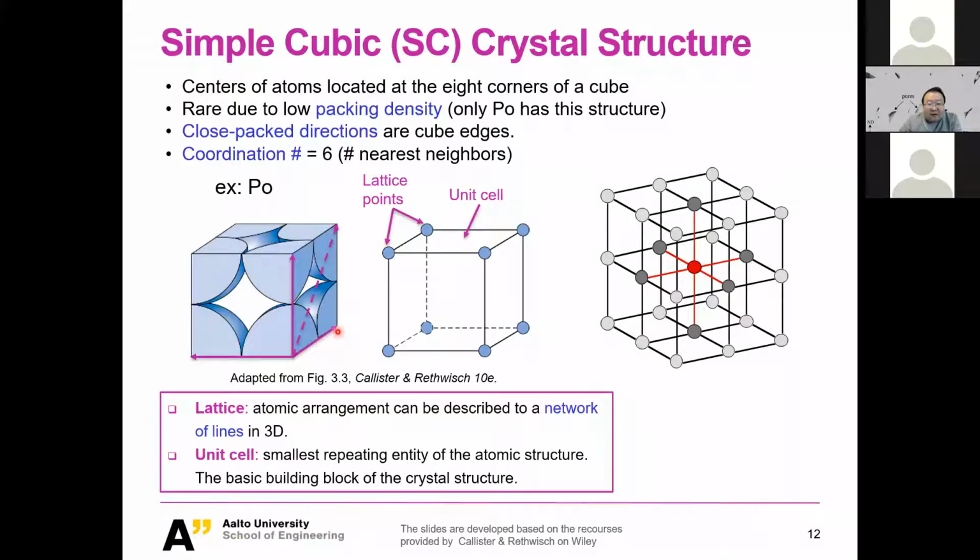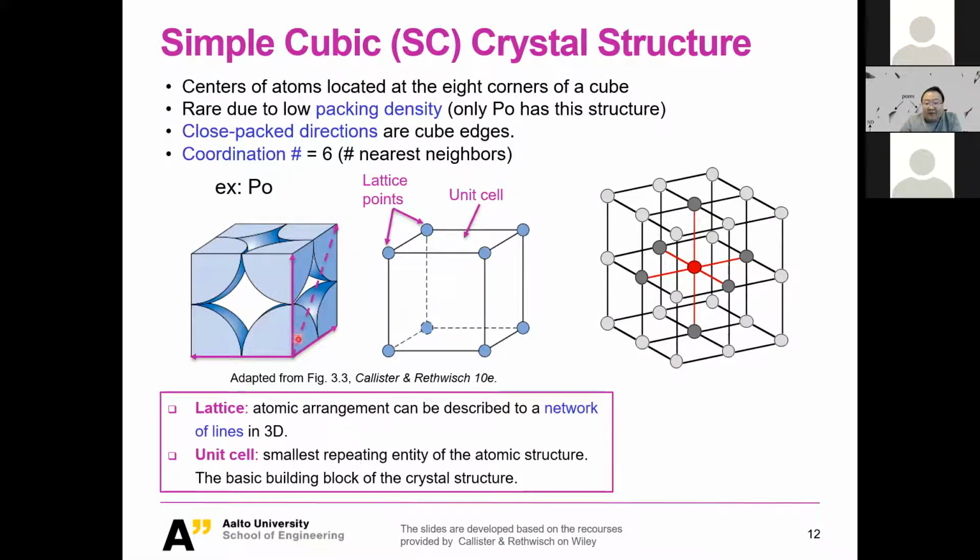The last characteristic about the simple cubic packing is the so-called coordination number. First of all, what is the coordination number? Coordination number is basically the number of neighbors of one atom in touch with others. So we're looking for the nearest neighbors of the atom here.